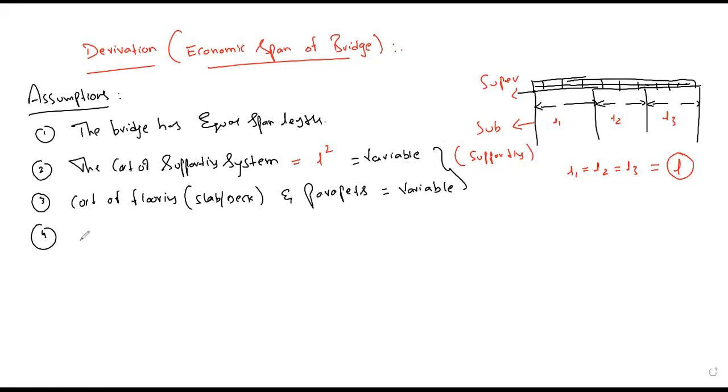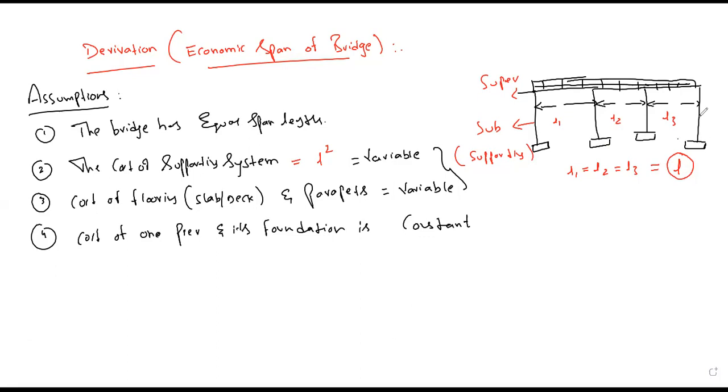And the next one, the cost of one pier and its foundation is constant. Why? Because this is the pier and this is the foundation, isn't it? So the cost of pier and the cost of foundation is constant.